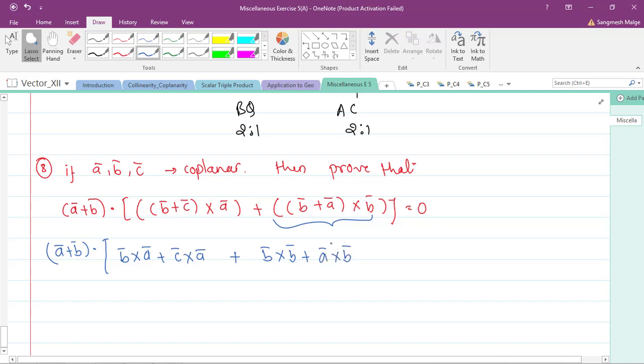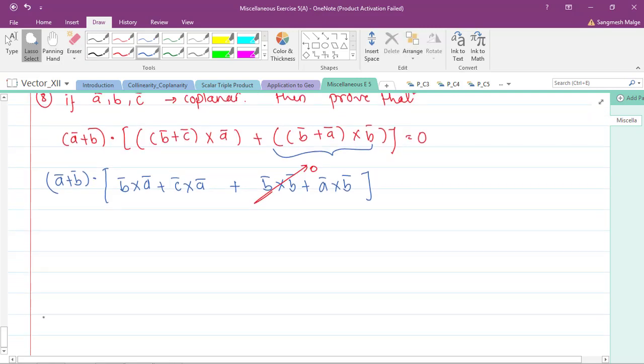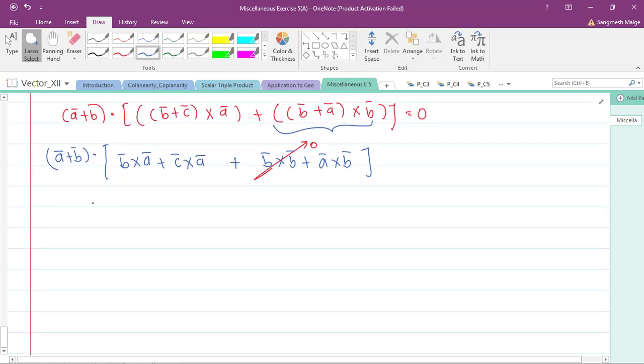Okay, very good. So keeping the order of b bar and a bar is very important in the cross product. Now what can be cancelled out in this case? This can be cancelled out, equal to 0, since it is a same vector cross product. So now we have (a bar plus b bar) dot [b bar cross a bar plus c bar cross a bar plus a bar cross b bar].